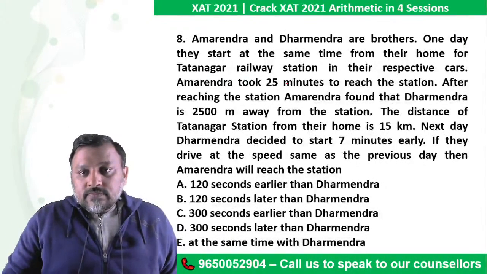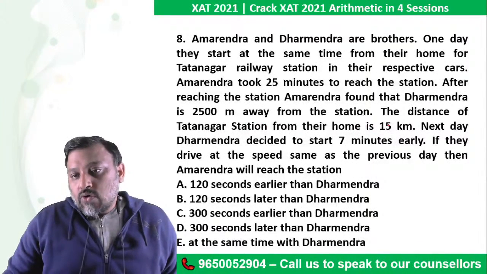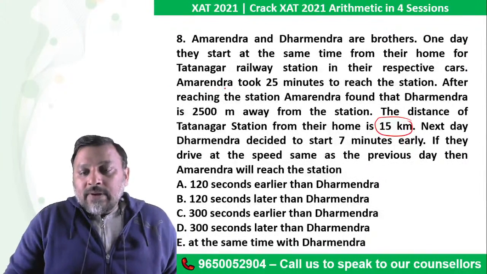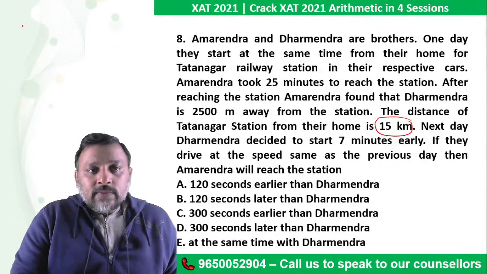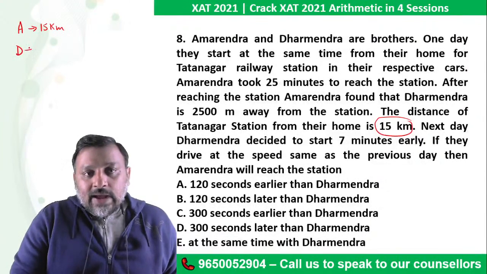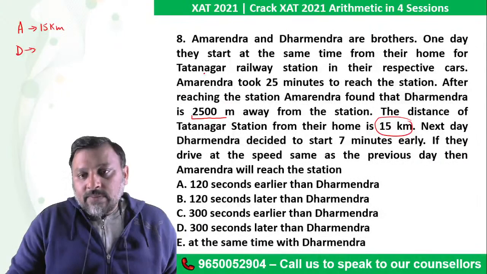See, guys, it is given the distance of the station from their home is 15 kilometers. So Amarendra took 25 minutes and he reached the station before Dharmendra. So can we say when Amarendra has covered 15 kilometers, Dharmendra has covered this much distance less than Amarendra?